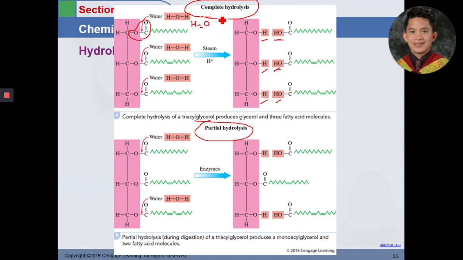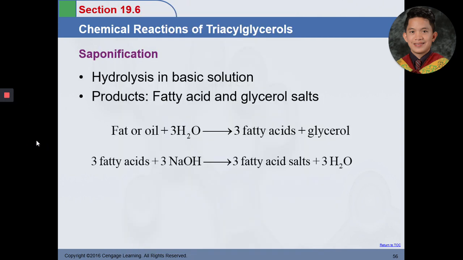The next reaction involving triacylglycerols is saponification. What is saponification? Saponification is kind of the same as hydrolysis. The difference is that this kind of hydrolysis uses a basic solution.